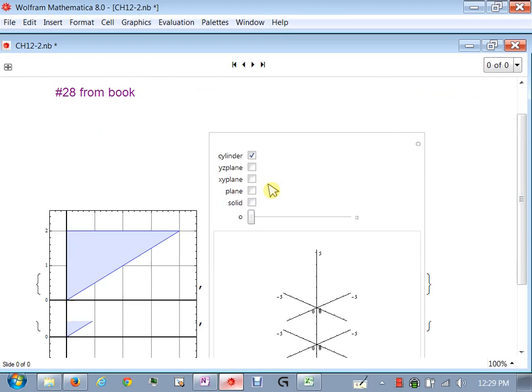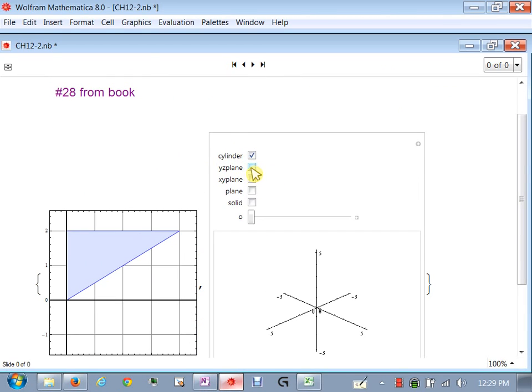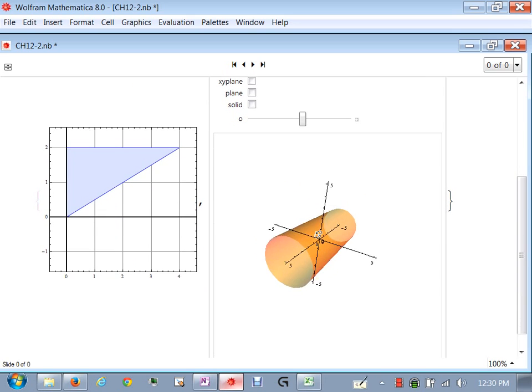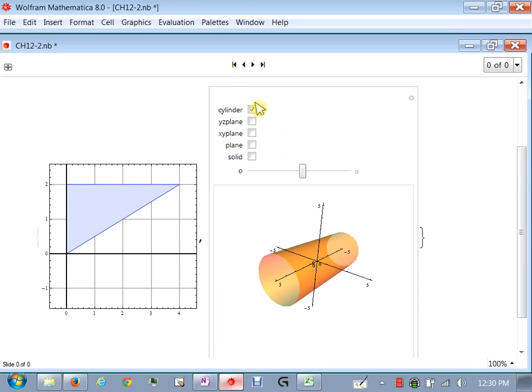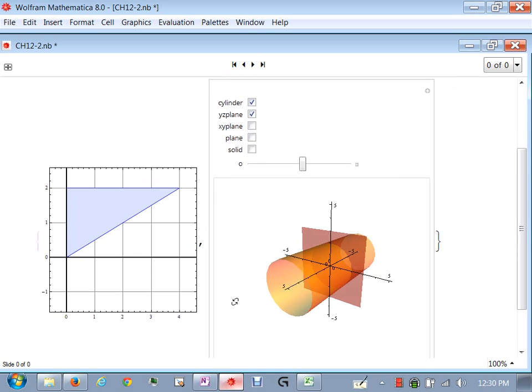So our geometric situation, here was our region, right? Here's our cylinder, right? There's our cylinder. Here's our YZ plane, so that's x equals 0. That's our y-axis, basically.